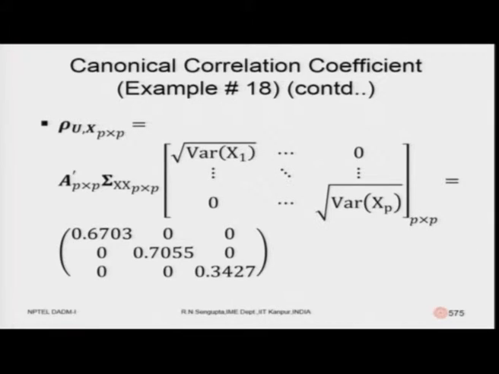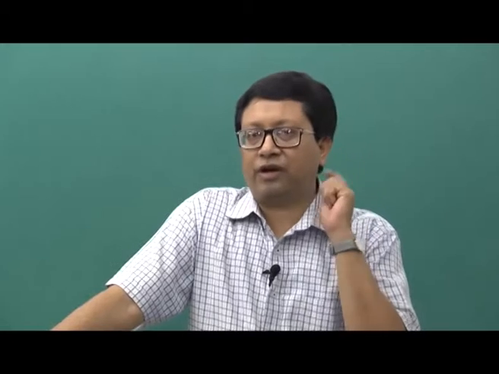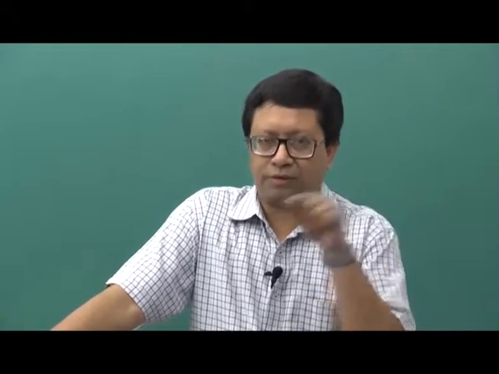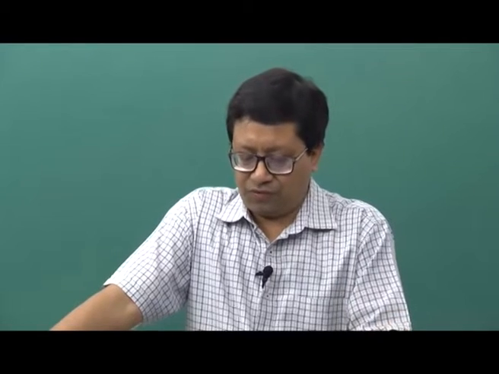Now, we will find out the correlation coefficients. Remember, we are trying to find the orthogonality, so obviously the off-diagonal elements would be 0 and the principal diagonal would be all the variances which we have.